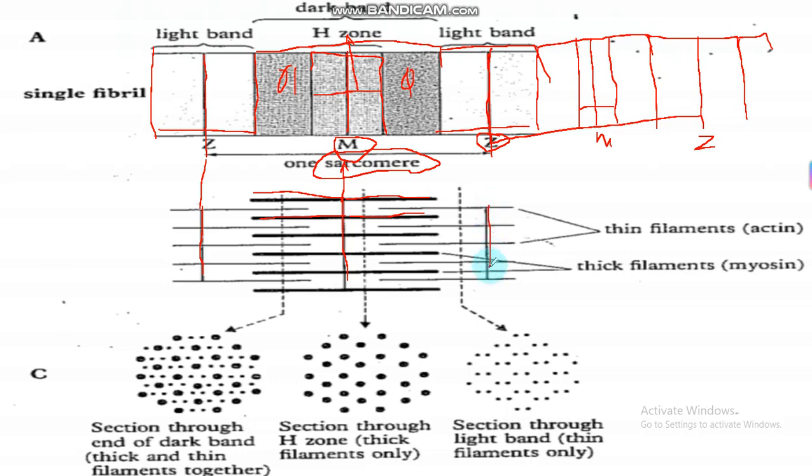You draw it there. Then again, you draw thin lines radiating on both sides of this. However, you don't make the thin lines go up to the middle. You can see they are stopping here, and then there is some space between this and that. This space here should remain.